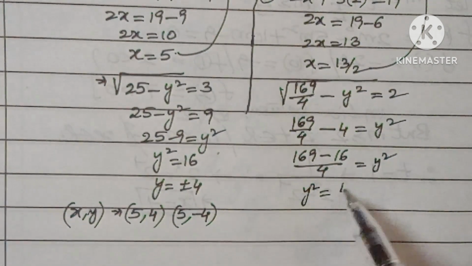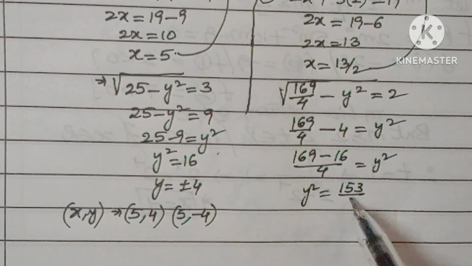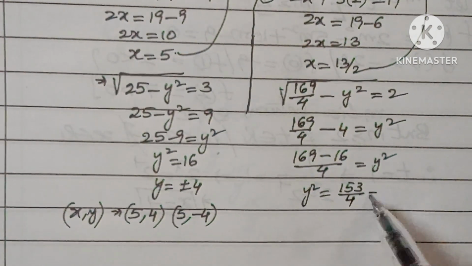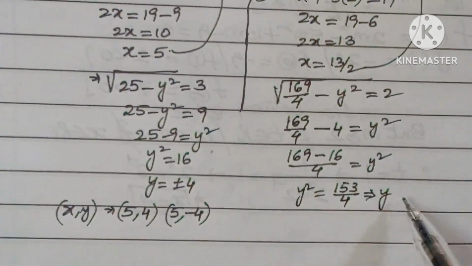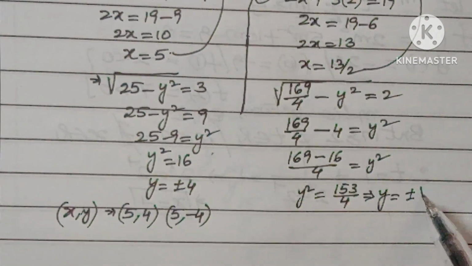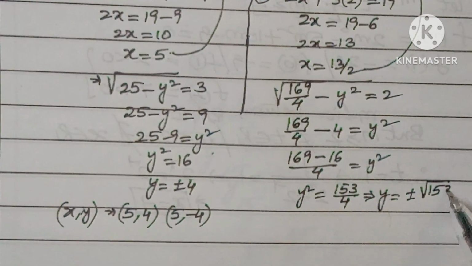Y square is equal to 153 by 4, that is y value plus or minus √153 by 2.